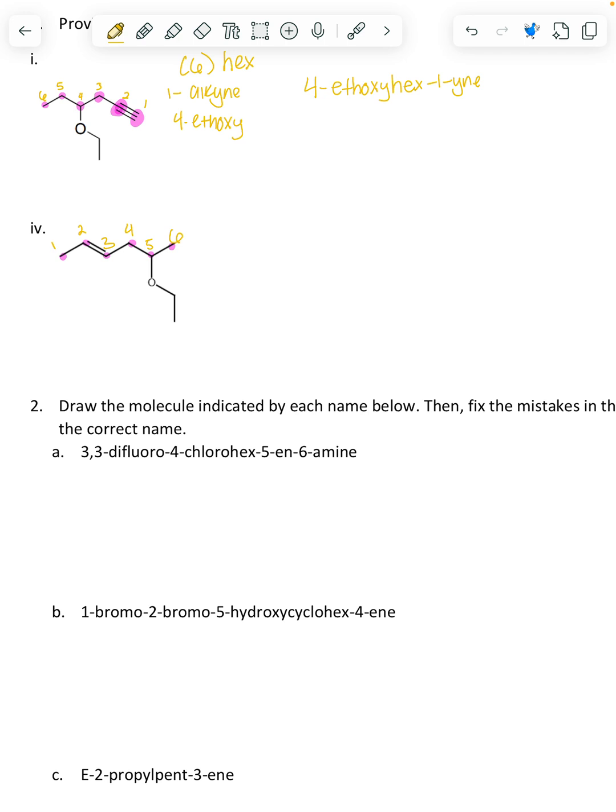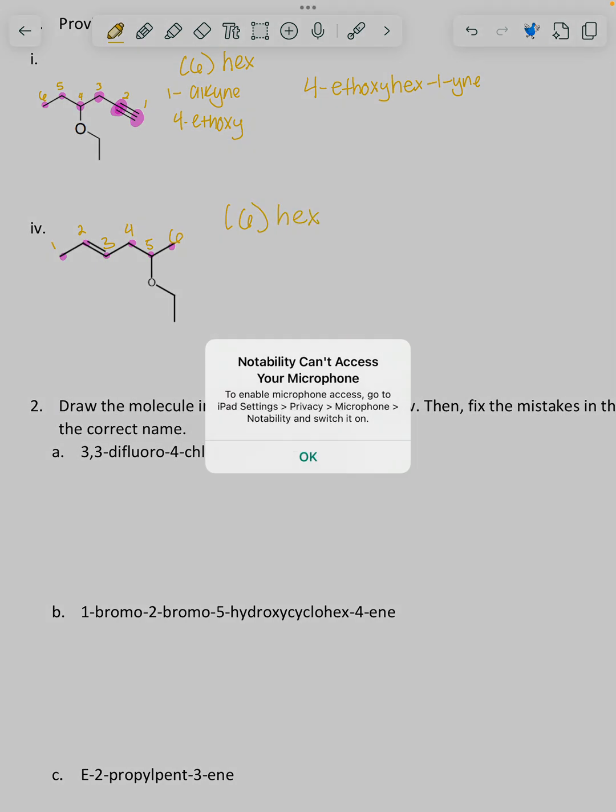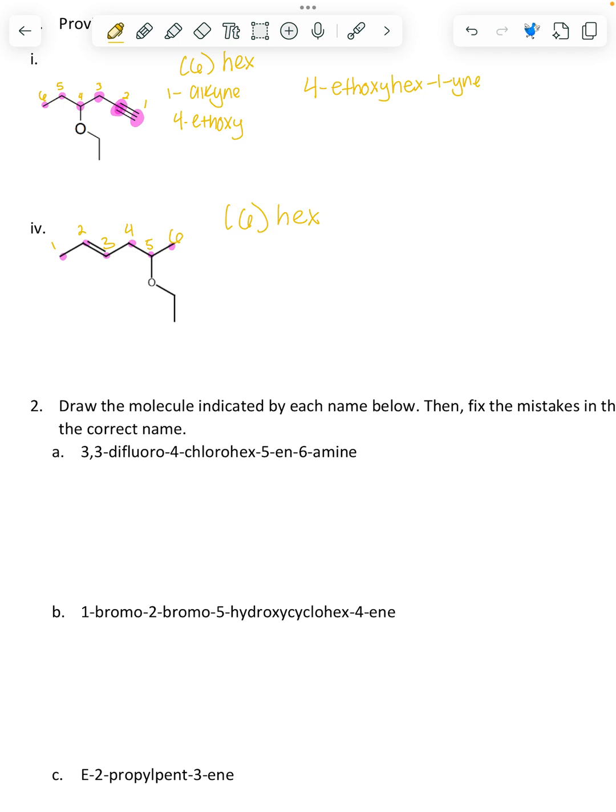So we know this is 6, and just like the problem up here, 6 is hex. And then to find out the ending, if it's hexene, hexane, whatever, we're going to look at the bonds. We see that everything's a single bond except between carbon 2 and 3, which is a double bond.